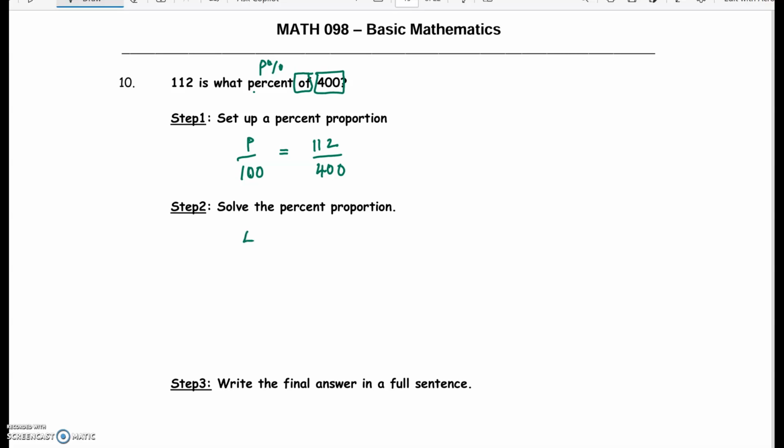Now we cross multiply. 400p is equal to 112 times 100. Now we divide both sides by 400.